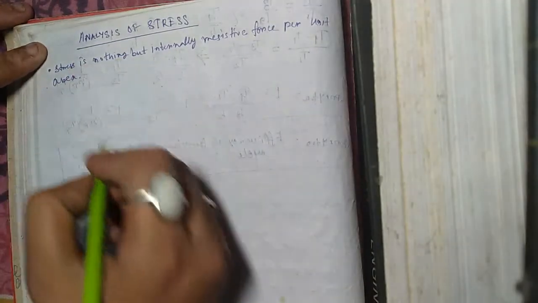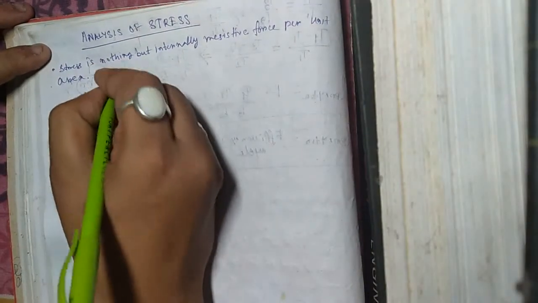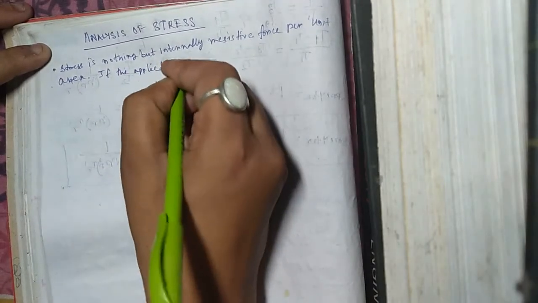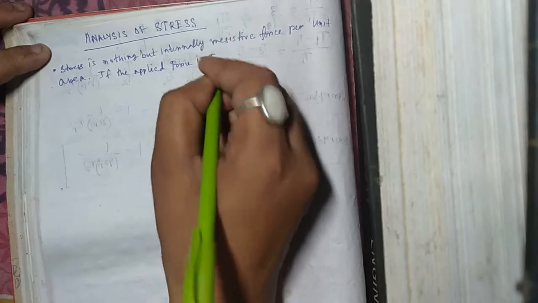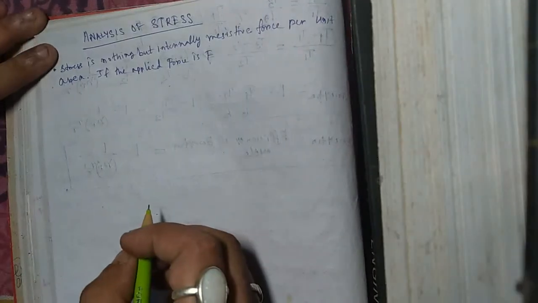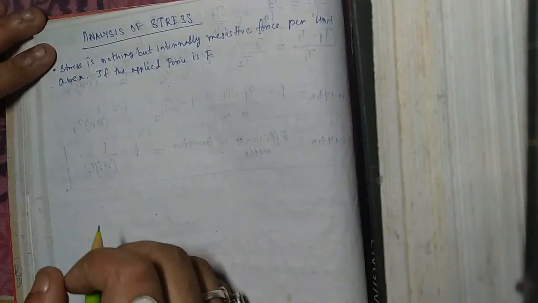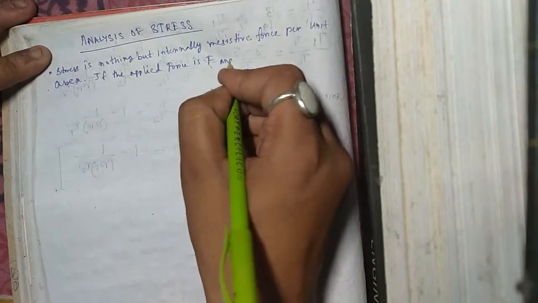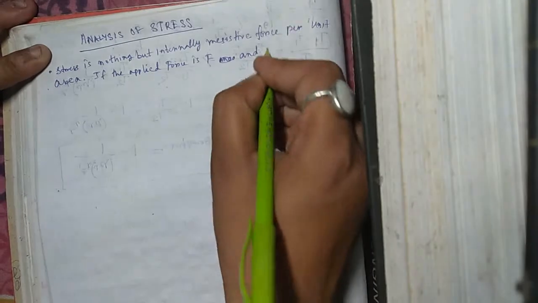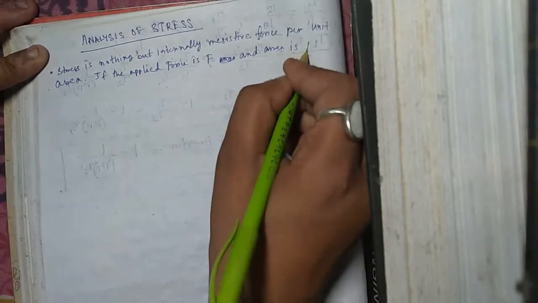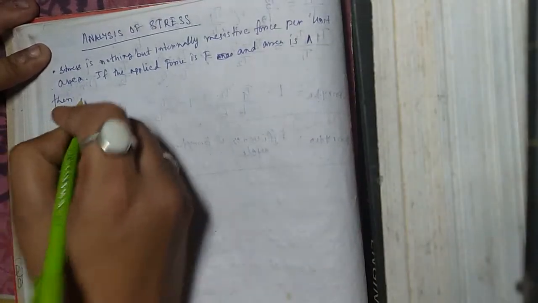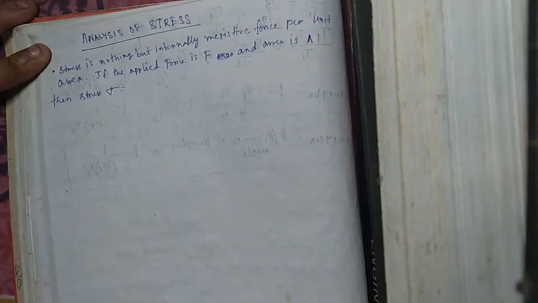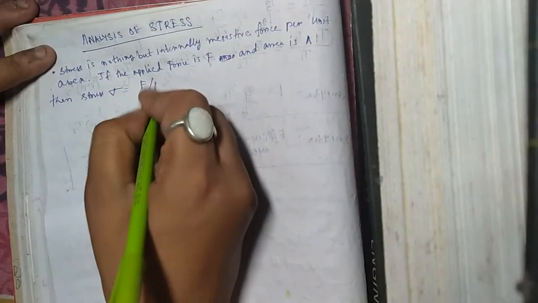So if the applied force is F and area is A, then stress sigma is equal to F by A.